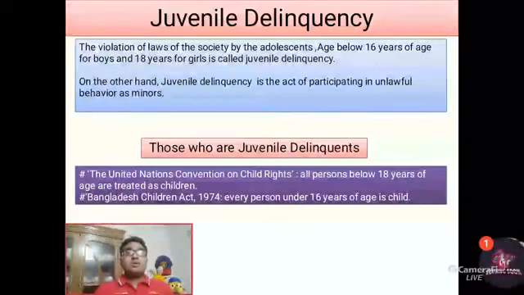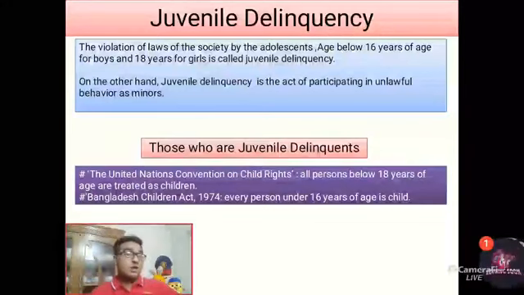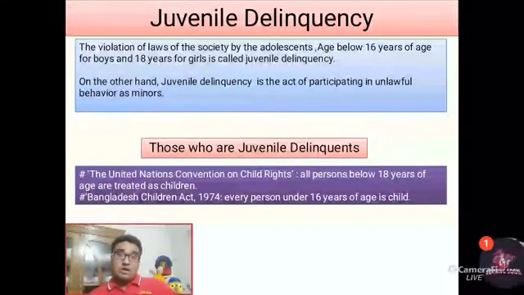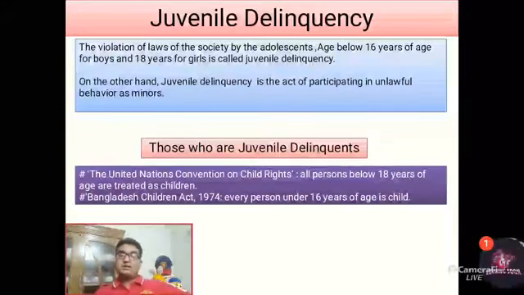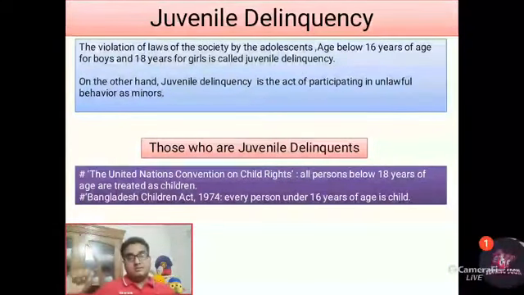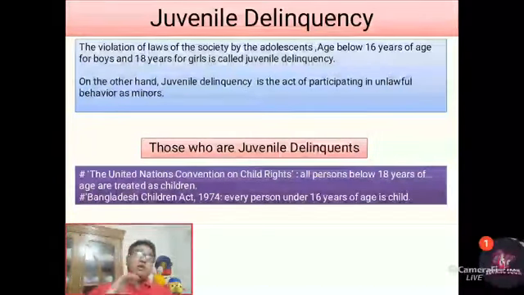And according to the Bangladesh Children Act 1974, every person under 16 years of age is a child. So according to the Children Act 1974, if any child under 16 violates any rules and regulations of the society or does any crime, he will be counted as a juvenile delinquent. So this is all about juvenile delinquents.